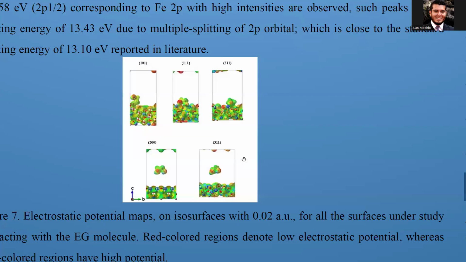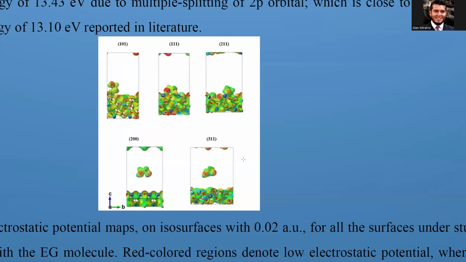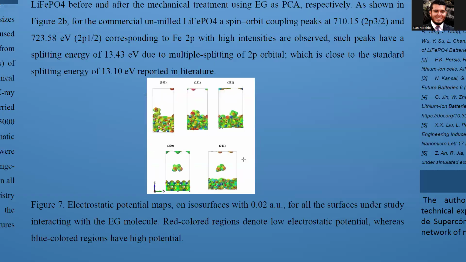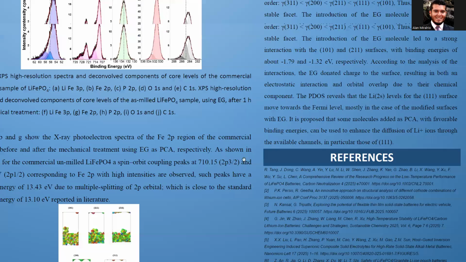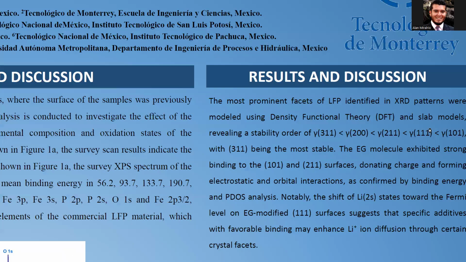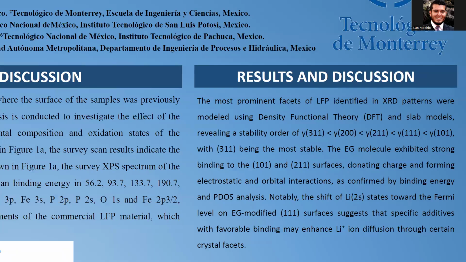As you can notice, some surfaces are polarized and other ones were obtained with different arrangements in order to determine the most important interactions. According to the results, the slab models obtain the following ordering in terms of the surface energy.